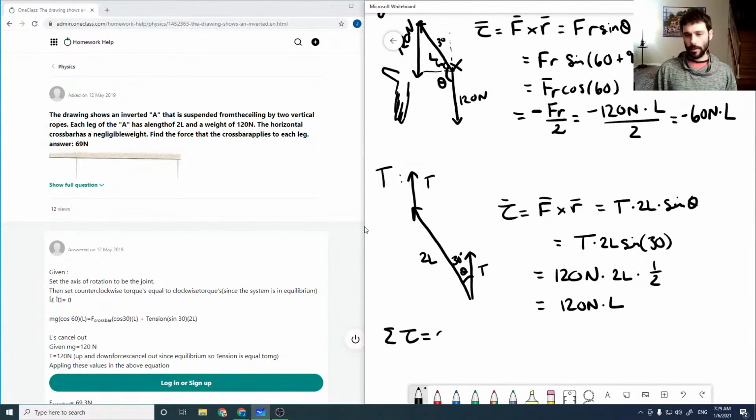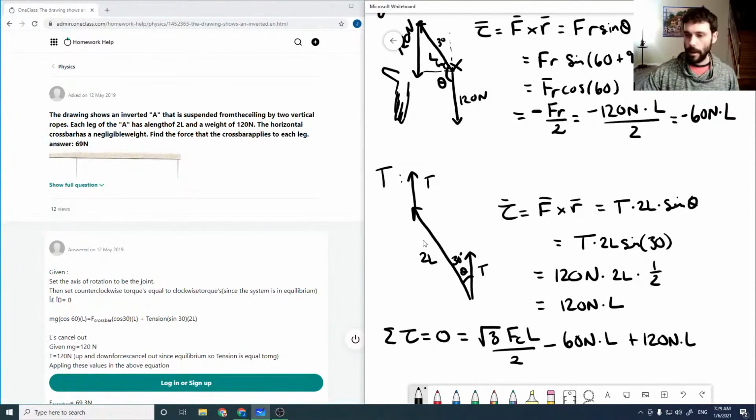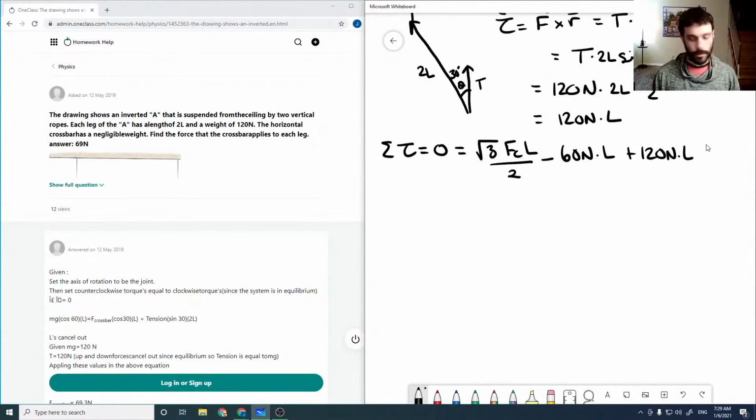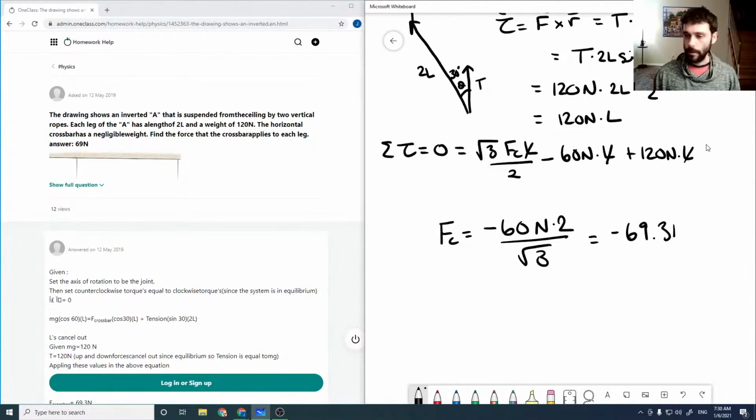So we have that the sum of our torques is 0, and so this is going to be just collecting them all together: root 3 FCL over 2 minus 60 newtons times L plus 120 newtons times L. Now rearranging and collecting terms, we can see that FC, and we can cancel all our L's here, FC is minus 60 newtons times 2 over root 3, which comes out to be minus 69.3 newtons.